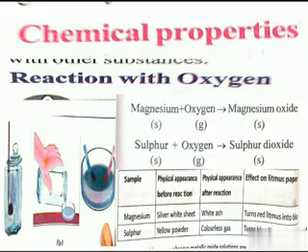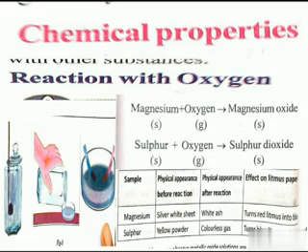We discussed this in the 7th class acids and bases chapter. If blue litmus paper changes into red, we call that substance an acid. If red litmus paper changes into blue, we call that substance a base. So when we place red litmus paper in magnesium oxide solution, it changes into blue, so that substance is basic in nature.